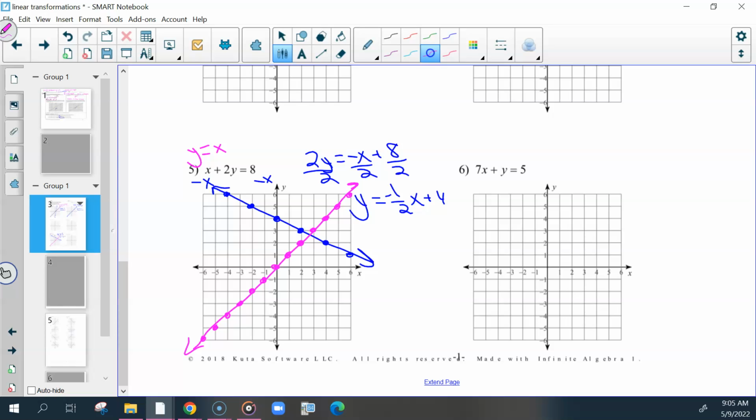Draw in the original too if you haven't done that. If we are looking at the y-intercepts, what could we say happened? It shifted up 4.